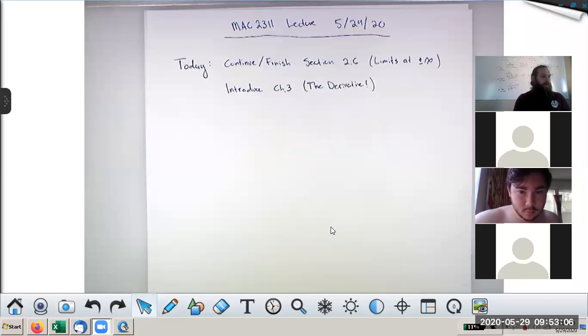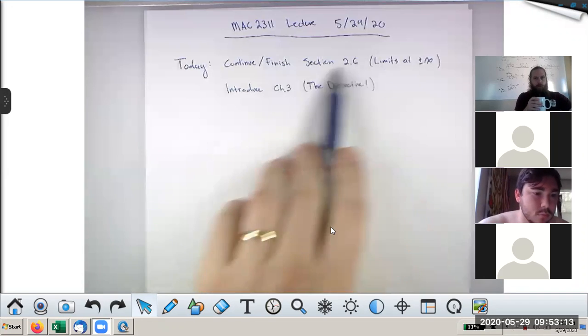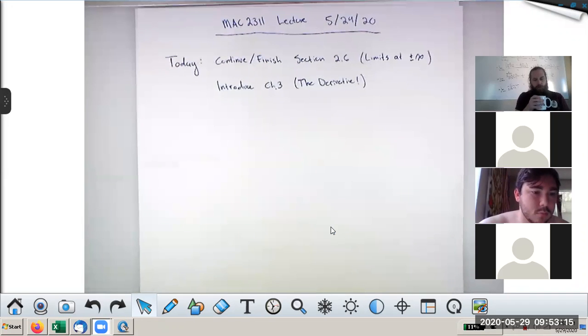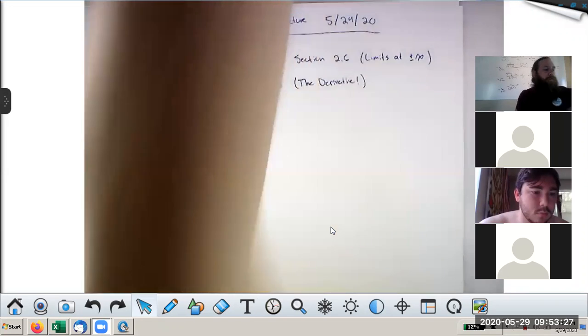These are the two big topics for today. I'd like to show you a handful of more examples from section 2.6. Some of the examples we looked at last time were a little bit challenging, but we definitely did not cover the full array of different challenging and fun things that can happen when you play around with limits at plus and minus infinity.